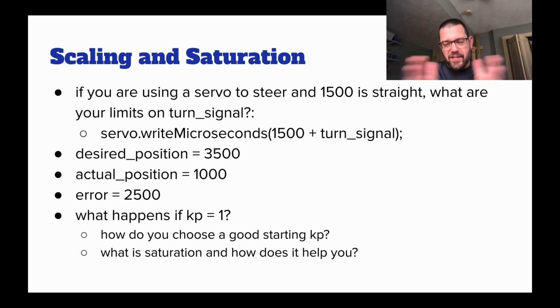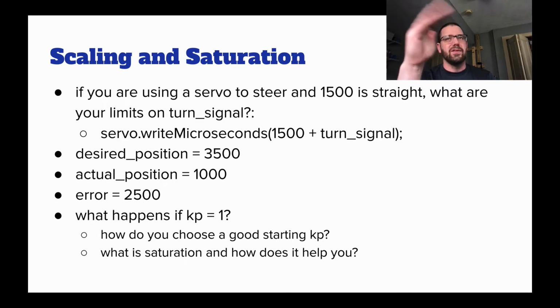So if you're using a line sensor, the sensor values can go from 0 to 7,000, and if 3,500 is your set point, that means that your error can go plus or minus 3,500. But if we're talking about a servo that can go from 1,000 to 2,000 with 1,500 microseconds at the center, then your input can only go plus or minus 500.